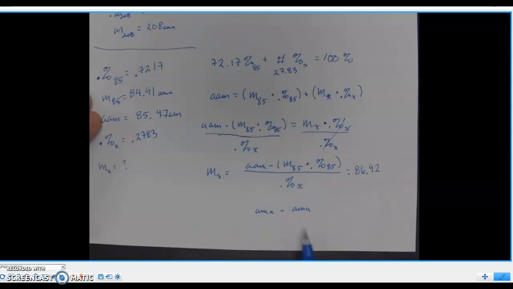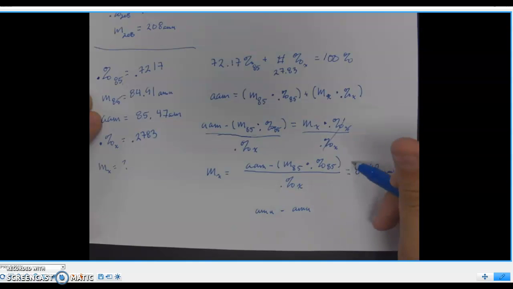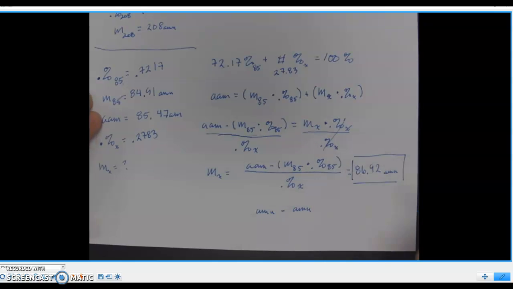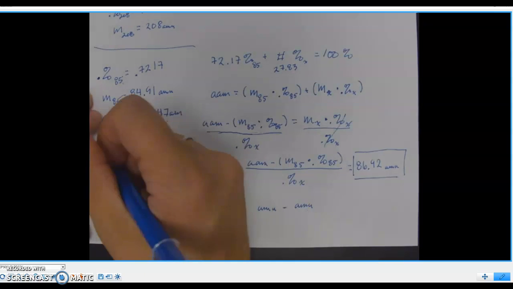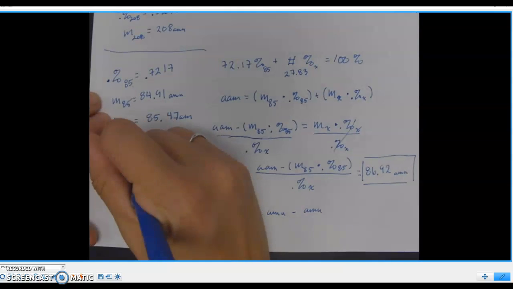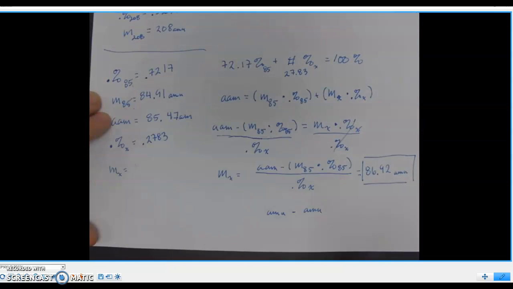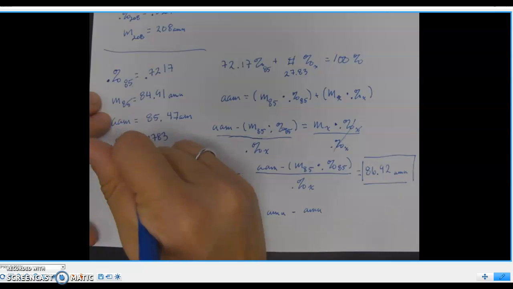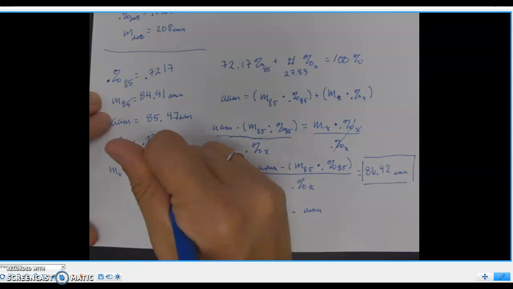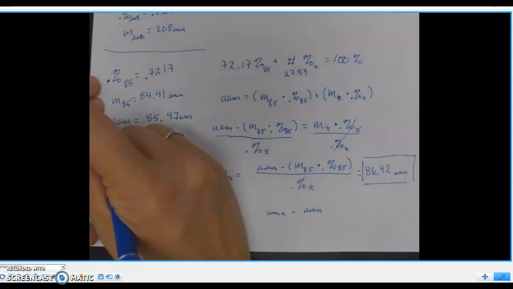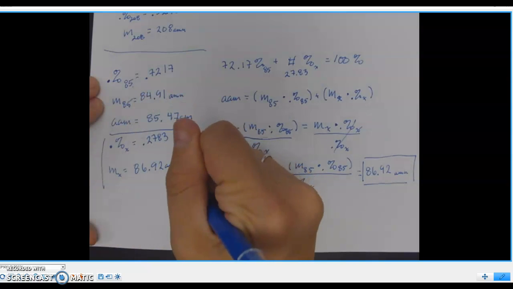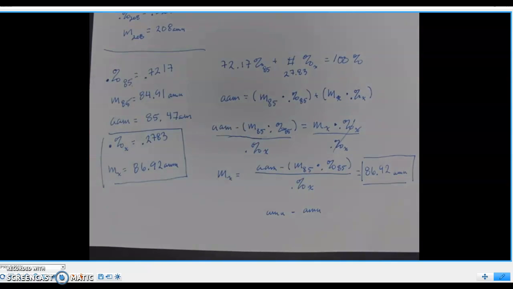So AMU minus AMU will just be AMU, atomic mass units. And then that's my final answer. There's the percentage and the mass of that second isotope.